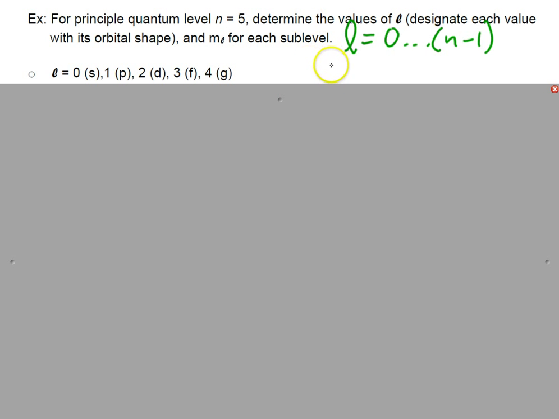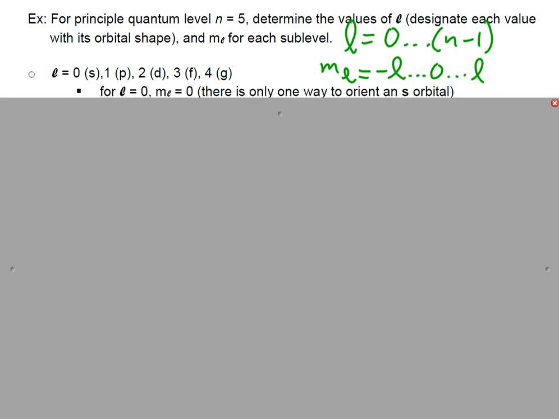To find the m sub l, you are going to have a range of -l to 0 to +l. So as we look at l of 0, we would really only have a range of just 0 for m sub l, because there's only one way to orient an s orbital.